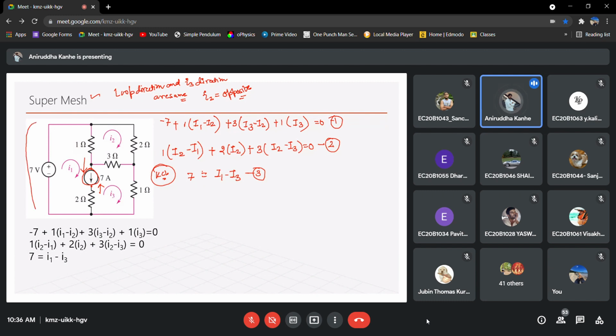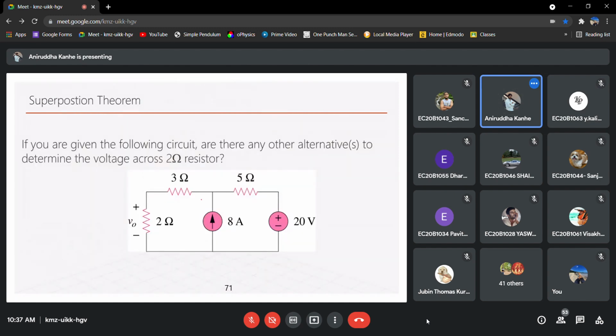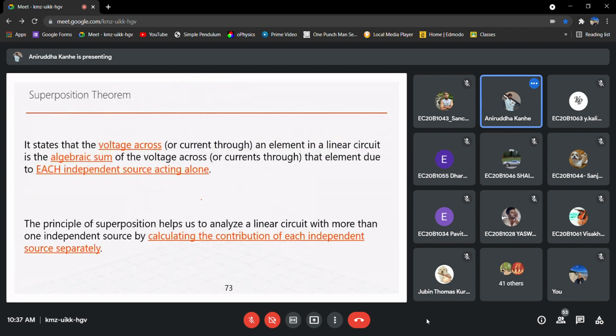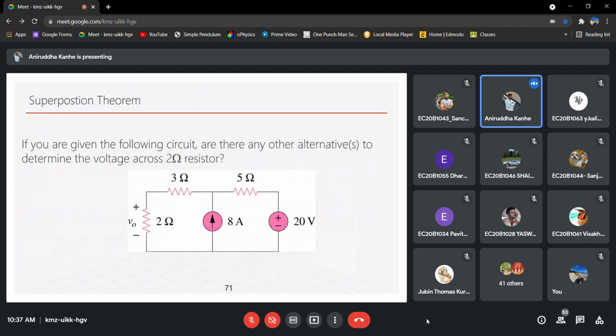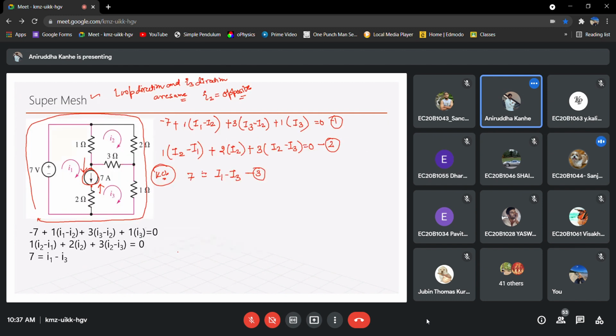One can write for this outside loop also, and that will also contribute to the third equation. Is that okay? Is it fine? Yes, sir.